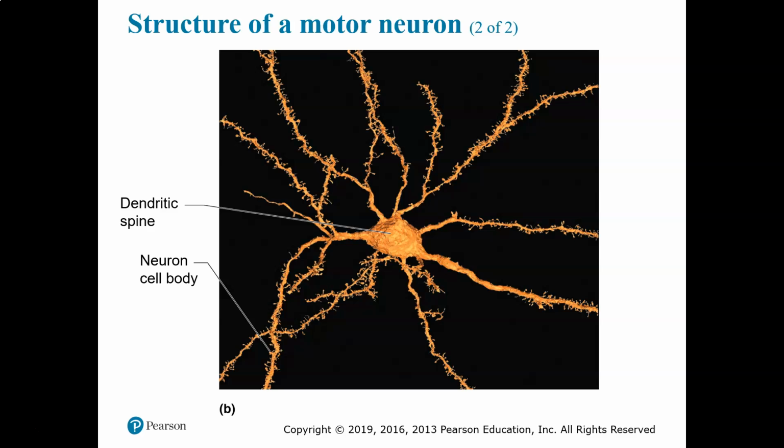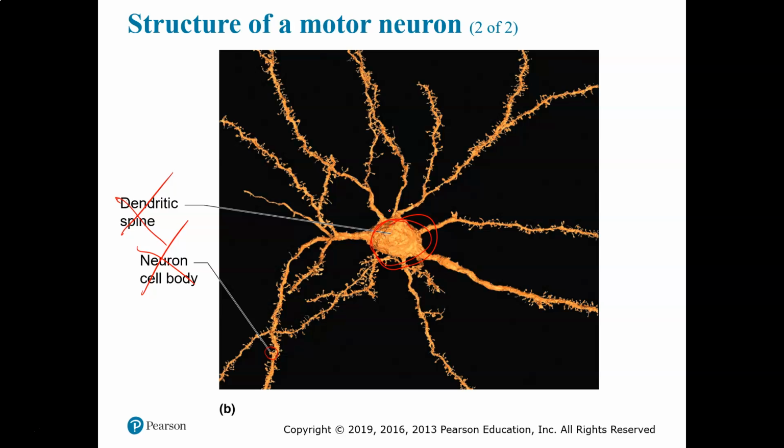And this is just an electron micrograph photograph of a neuron cell body and a dendritic spine. You see how small it is. They've got this thing labeled wrong. I was looking at it going, what? Maybe you were too. So, what is this part?